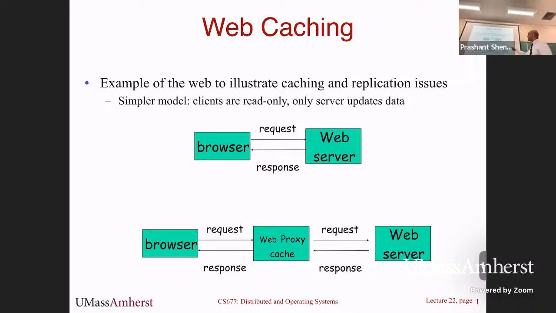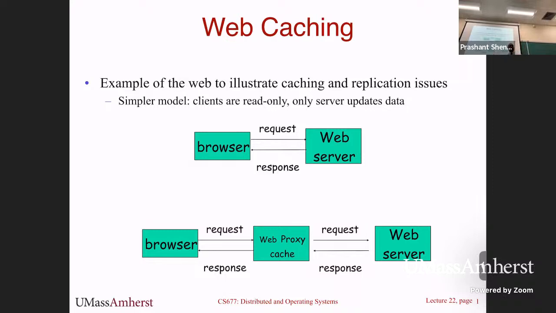Okay, so we know the standard client server model, that the client is a web browser that is accessing web content from a web server. Then we put a new intermediary in between, which is a proxy server that acts on the behalf of the actual web server. In this case, the browser is going to send requests to the web proxy cache.